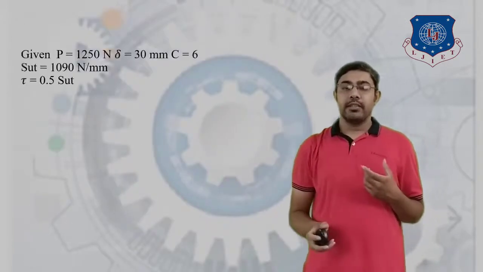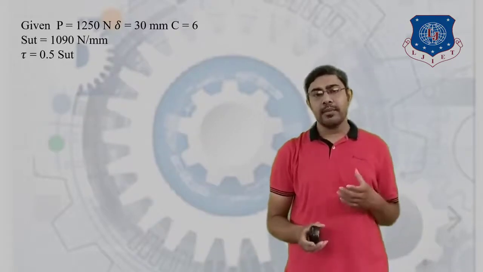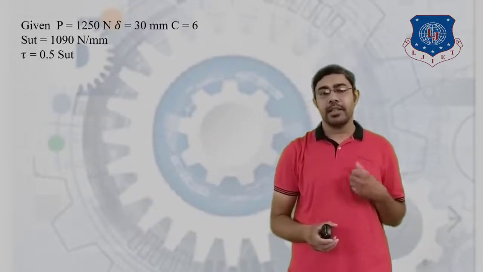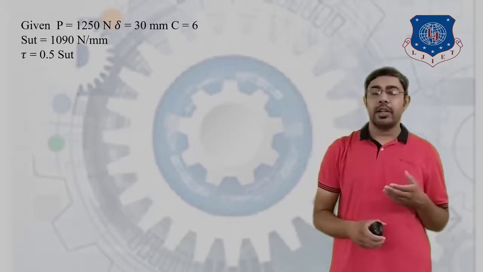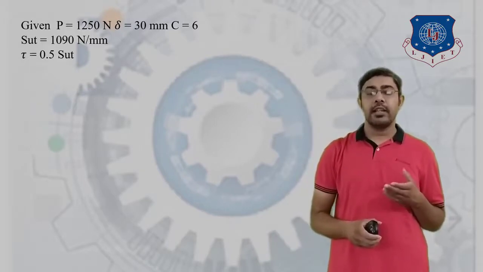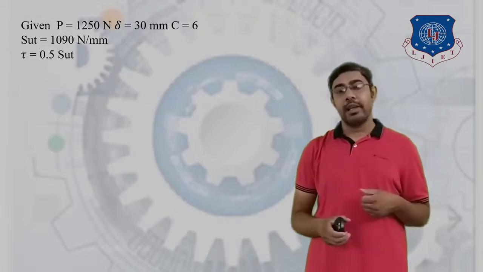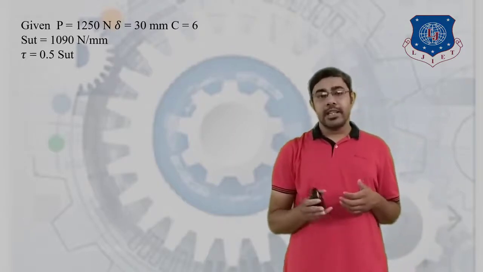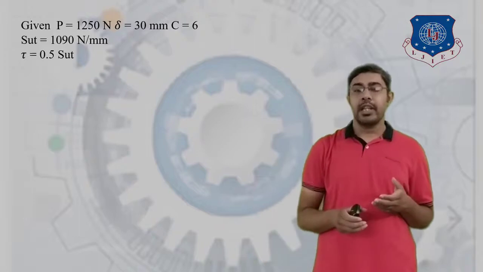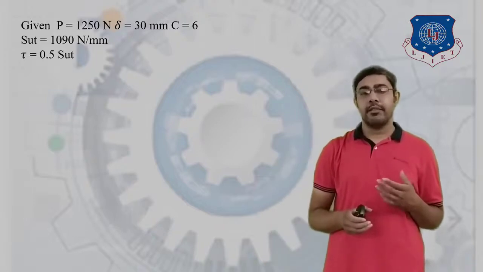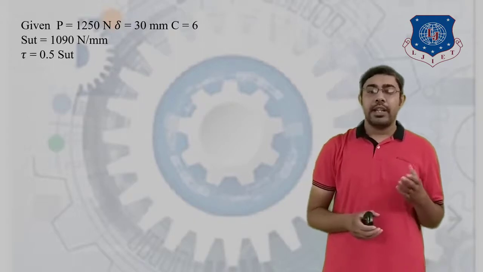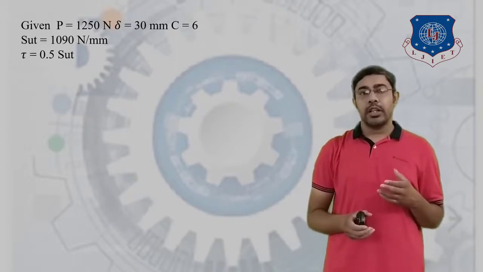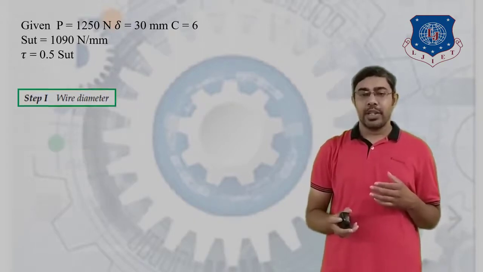So according to this problem, the given data is: load P applied is 1250 newtons, delta approx is 30 mm, spring index C is 6, SUT ultimate tensile strength is 1090 newton per mm square, and tau is 0.5 SUT.